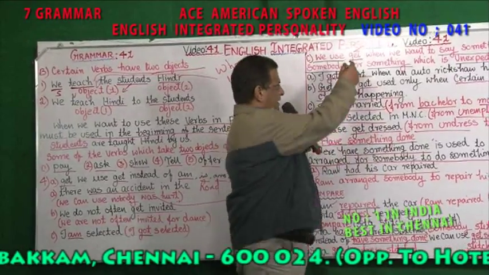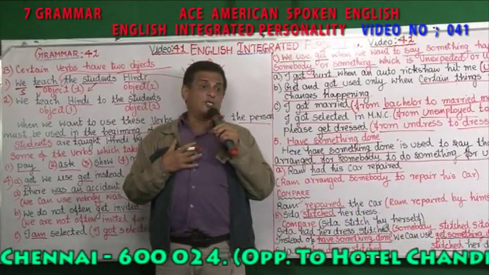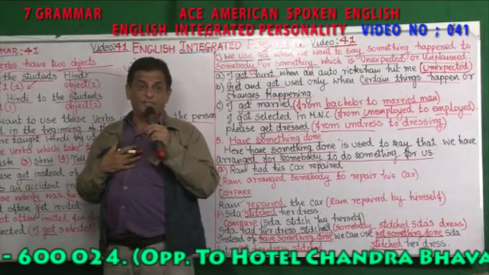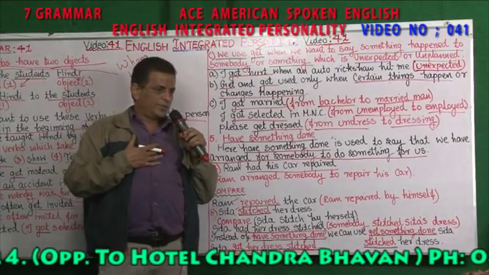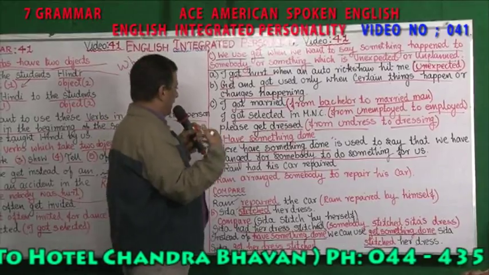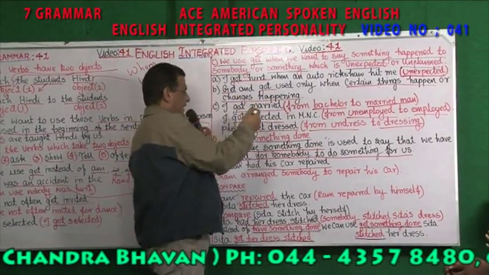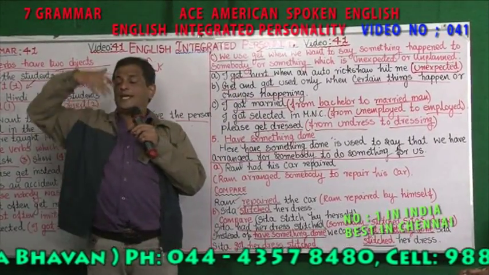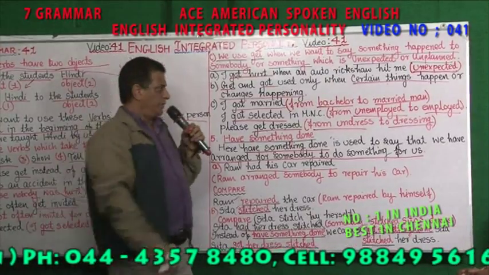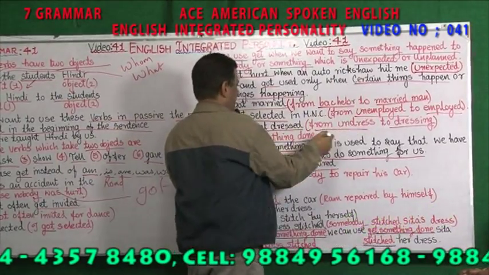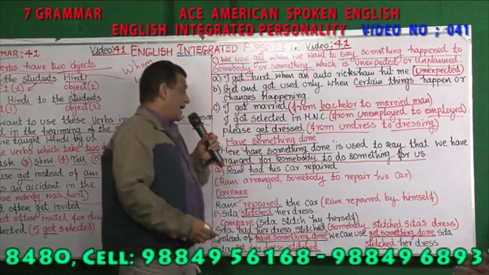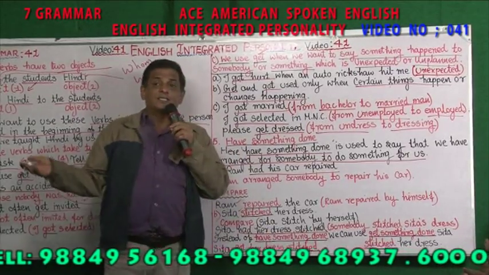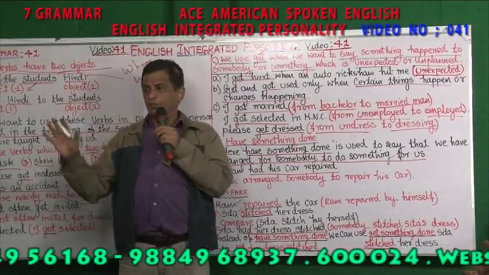We are using get when something suddenly happened. I got fever. So, when something is happening, you are using got. I got married for changes from unmarried to married, from unemployed to employed, from undressing to dressing. Have something done means somebody is doing something for you, you are not doing.